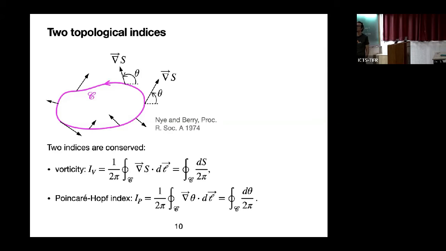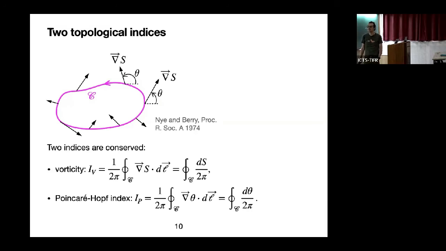Basically, you draw a contour and you integrate the circulation of the velocity field on this contour. If the velocity field is the gradient of some phase, you're just integrating the phase over the contour. And by definition, it has to be 0 or a multiple of 2 pi. Here, if you put a vortex or an anti-vortex, you get a positive or a negative integer.